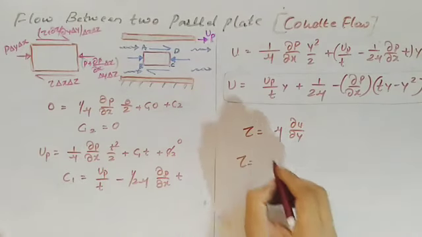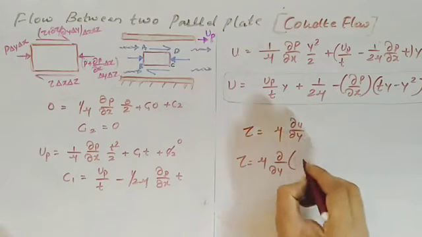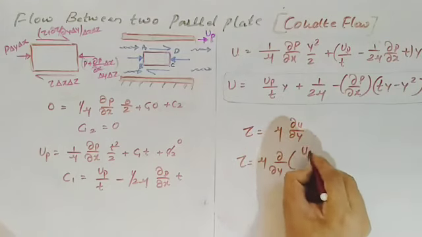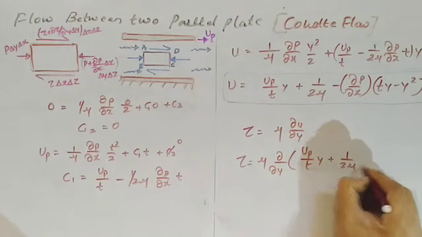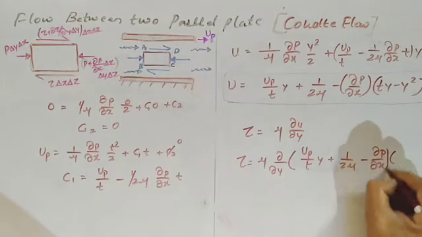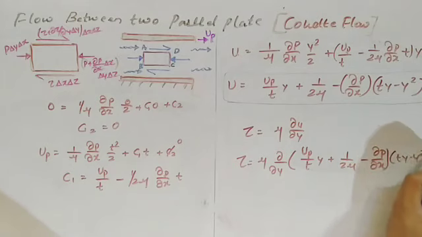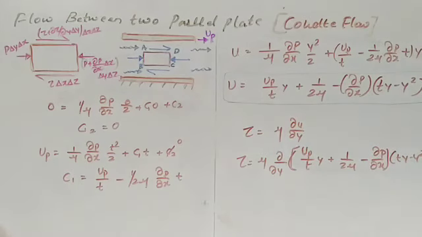Therefore tau is equal to mu dou by dou y, where the u value is Up y by t plus 1 by 2 mu, minus dou p by dou x, close the bracket, ty minus y square, whole bracket.